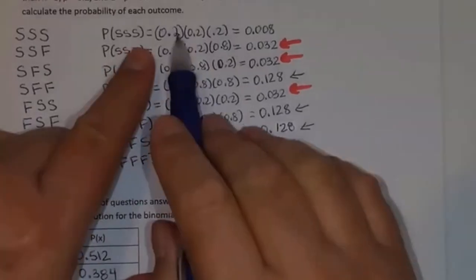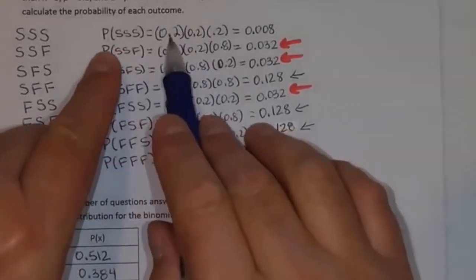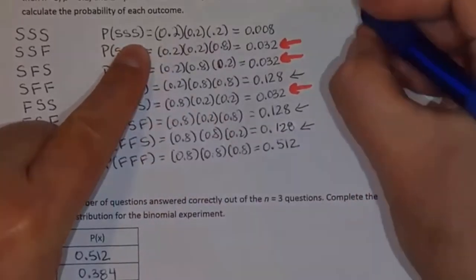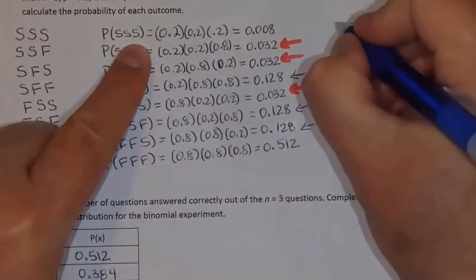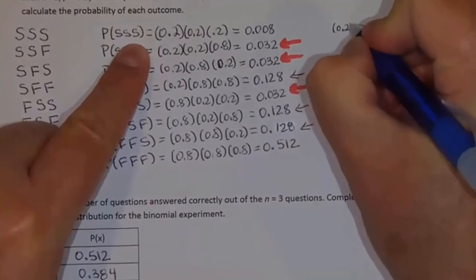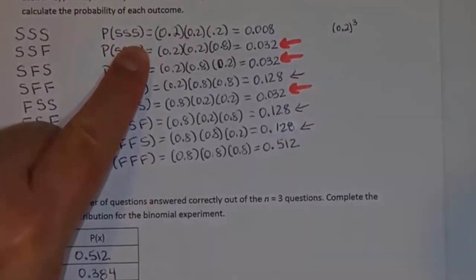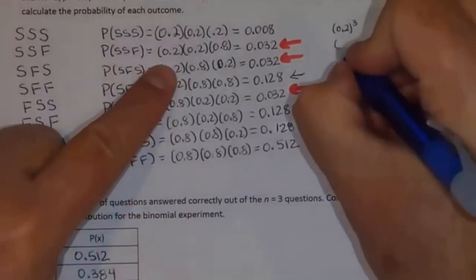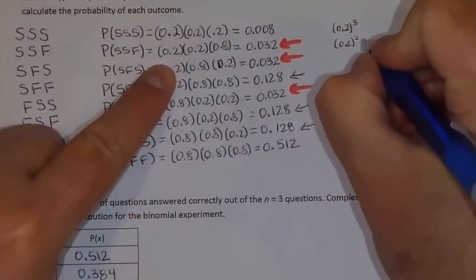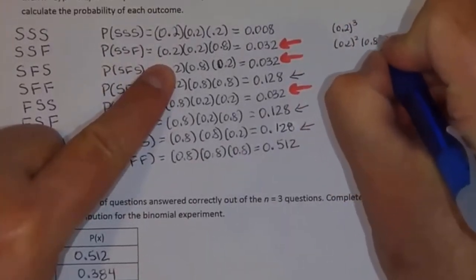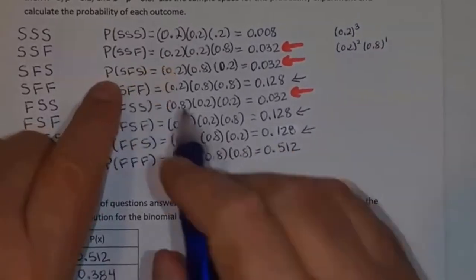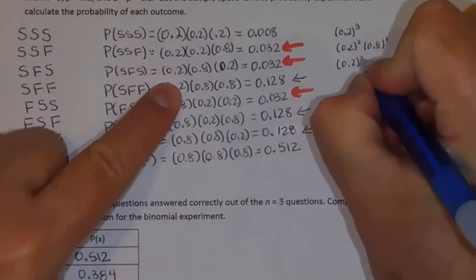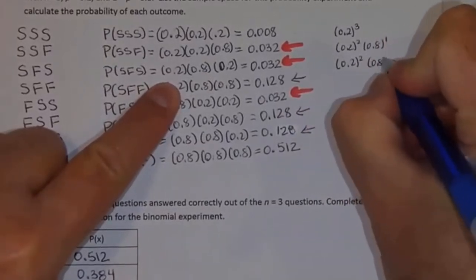So if you take a look at this first probability here, when we had success, success, success, in order to calculate that we got 0.2 3 times. When we had success, success, failure, we had 0.2 twice, and we had 0.8 once. Success, failure, success, we had 0.2 twice, and 0.8 once.